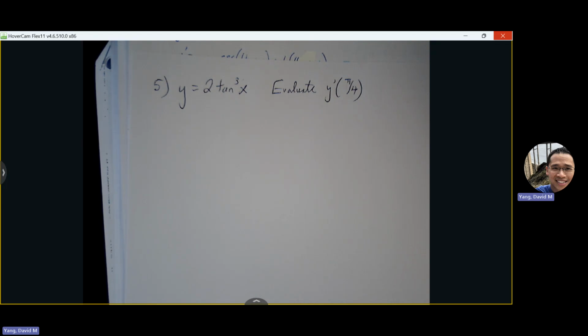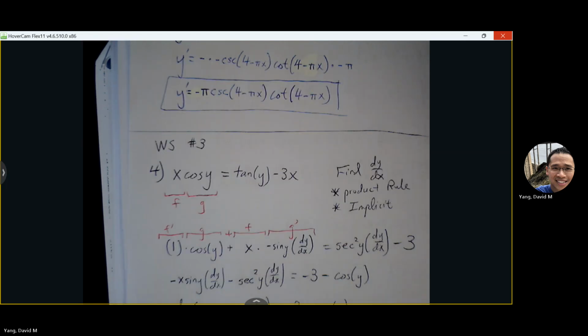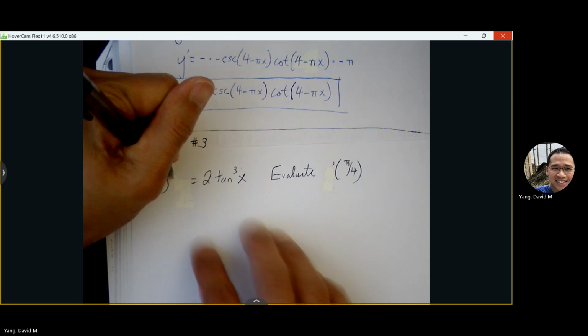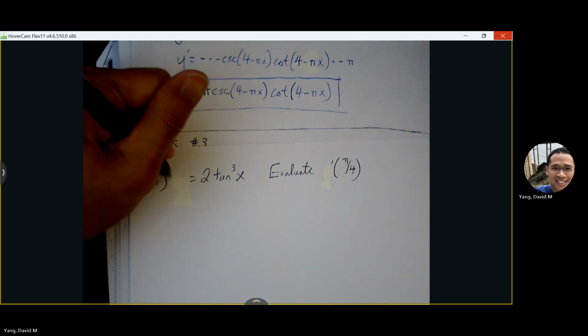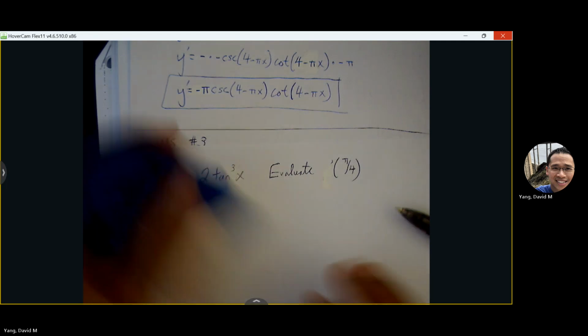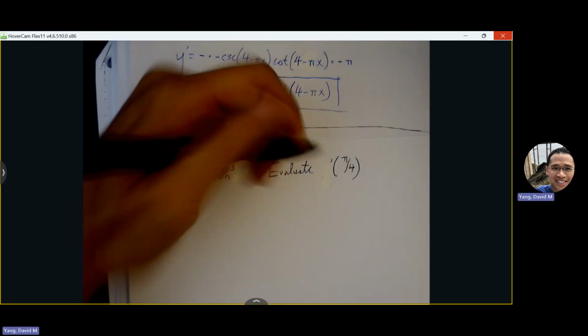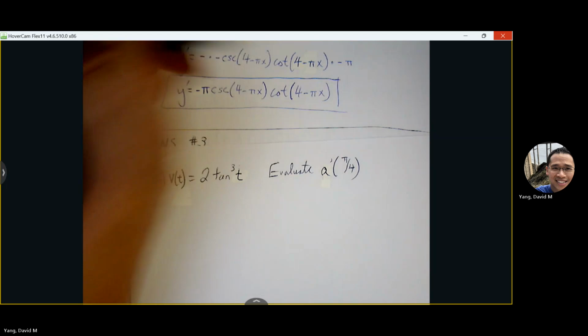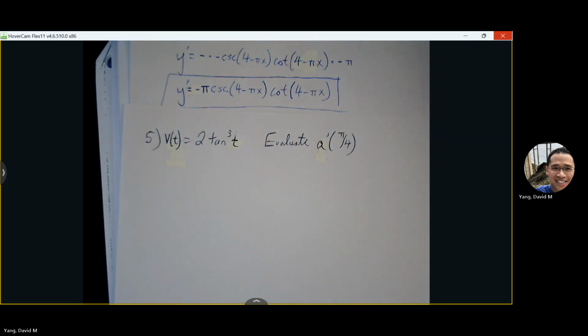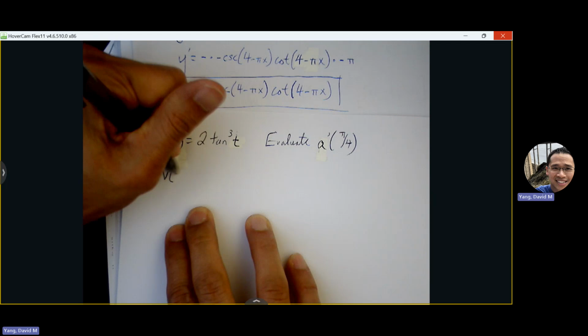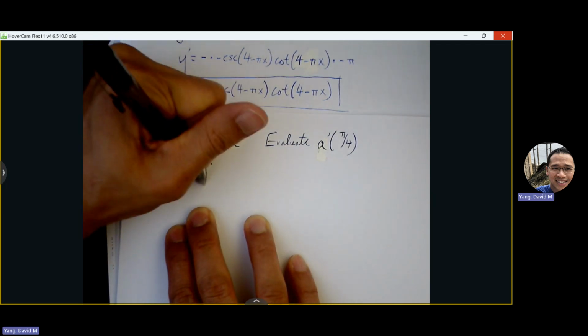Sorry, velocity is given. Sorry, all this should be in terms of p here. Okay, so before we do our derivative, let's rewrite it.